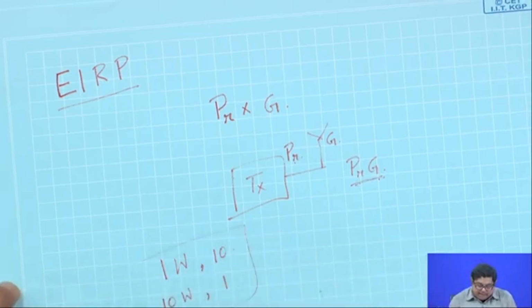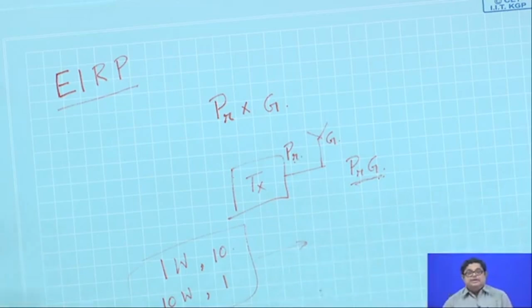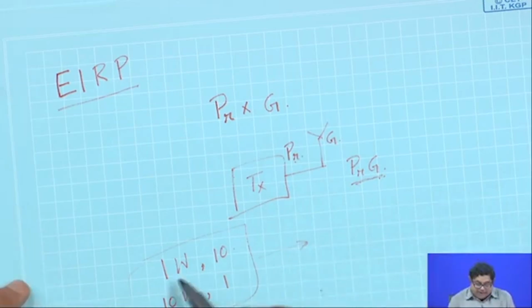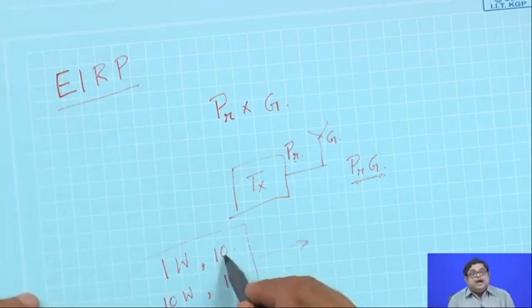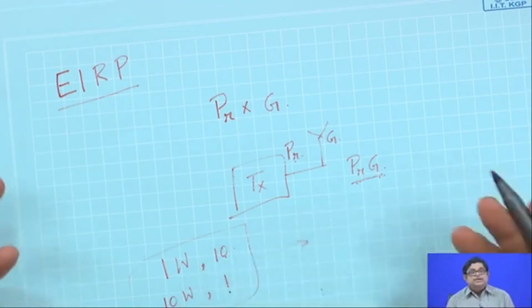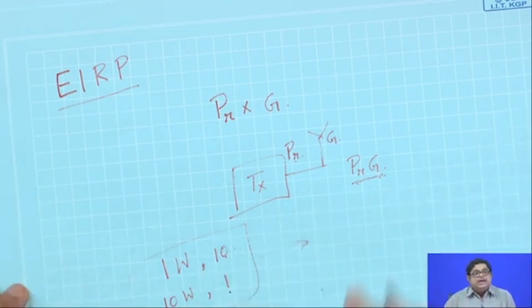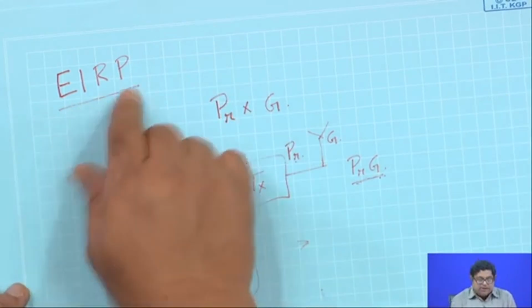Both of them are effectively giving the same thing, because one has higher transmitter power but less gain. So effectively these two are the same. They make these two equal by incorporating both in the product.